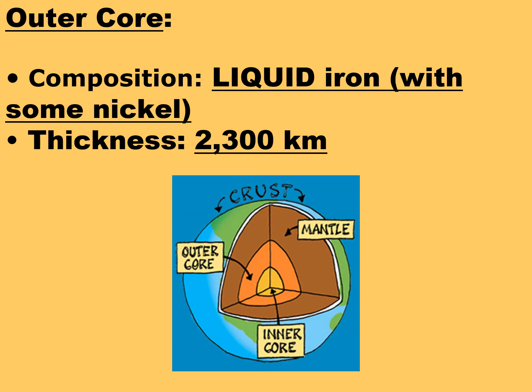Again, this is liquid iron. The outer core is the only layer of the Earth that is liquid. I know we said the asthenosphere is kind of ooey gooey, but it's not liquid. The outer core, again, is the only liquid layer of the Earth, and it's made up of iron and nickel. It's about 2,300 kilometers thick.